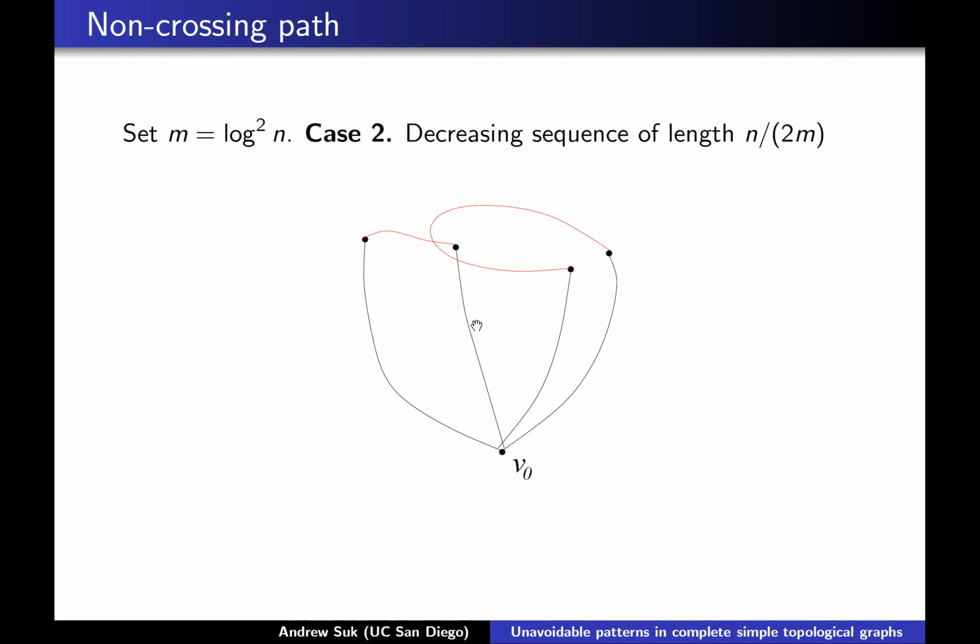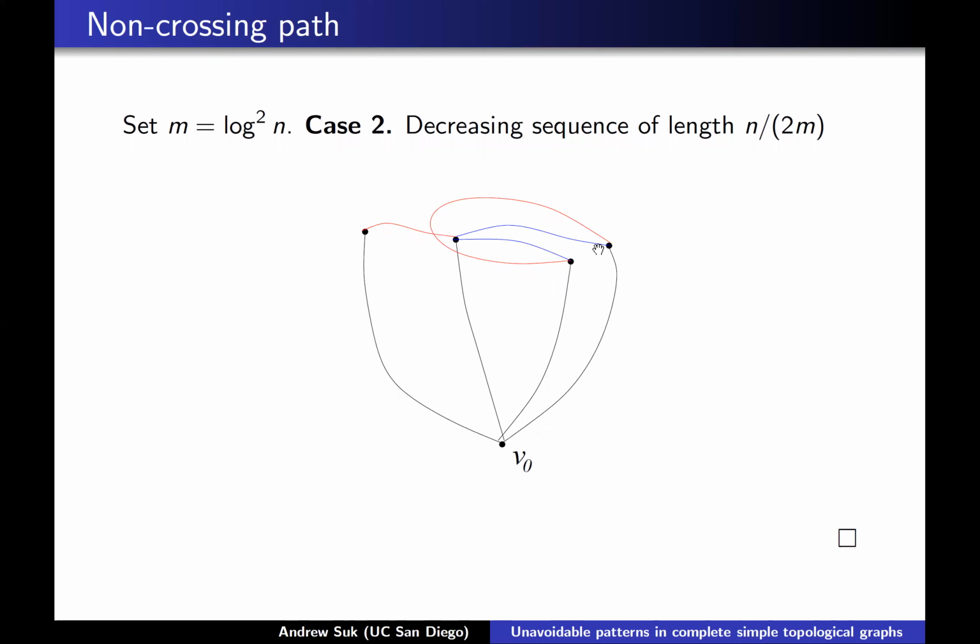But then if I look at this triple, the vertex, this vertex, this vertex, as we saw before, there's only one way to draw this K4, since we assume that this red edge crosses this black edge, which would be this configuration here.